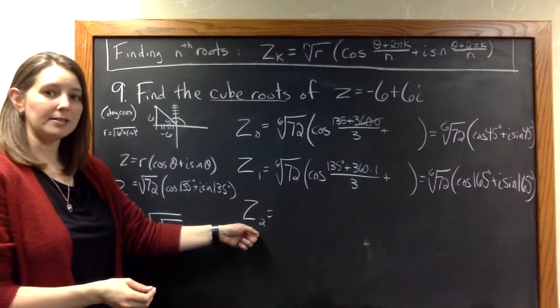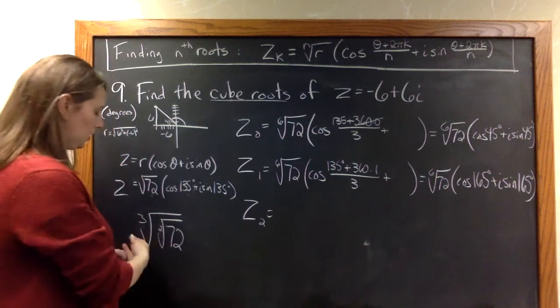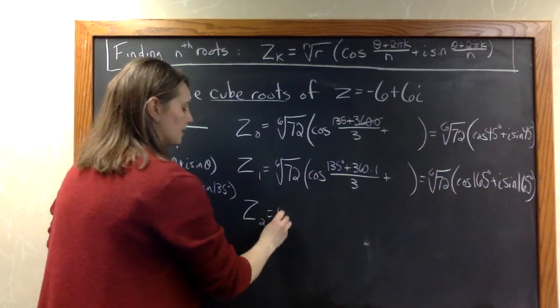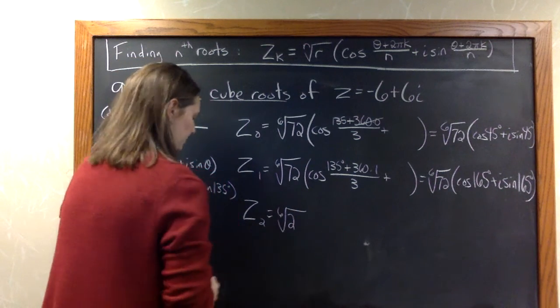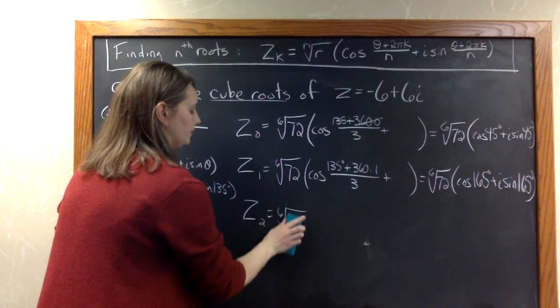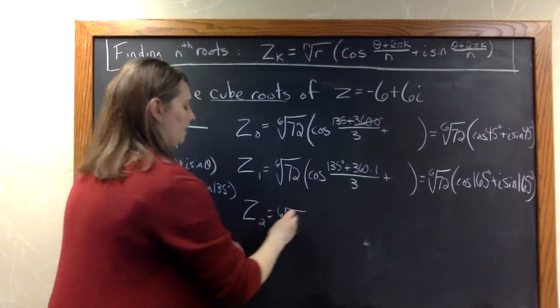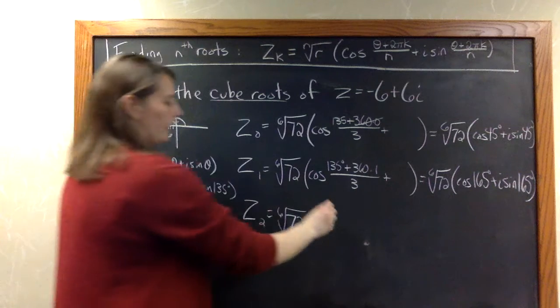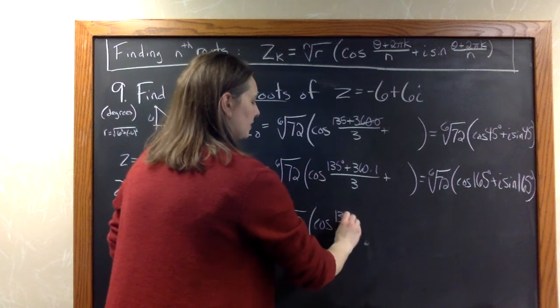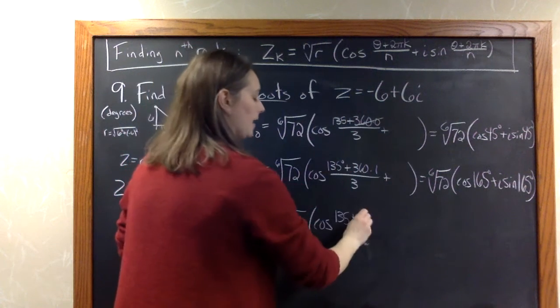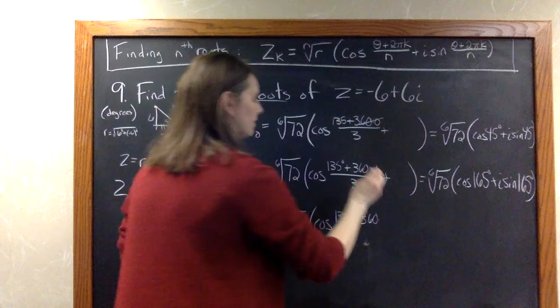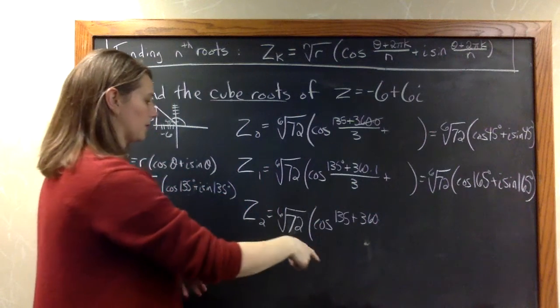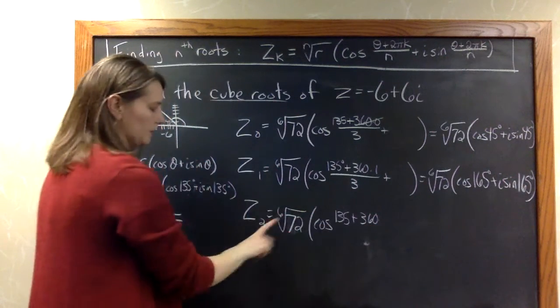And then for z2, same thing, cube root of the square root of 72, which is going to be the 6th root of 72. Cosine theta is 135, and remember, instead of 2 pi, we're using 360. And k on this one is 2.